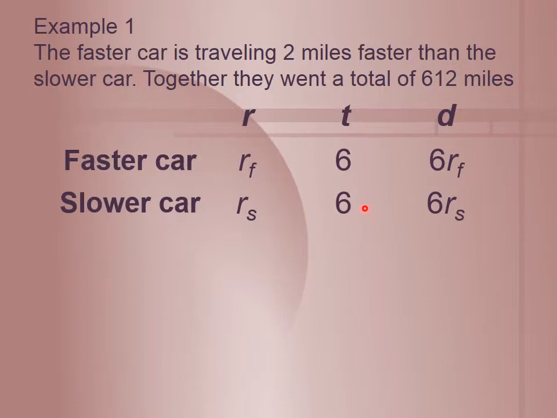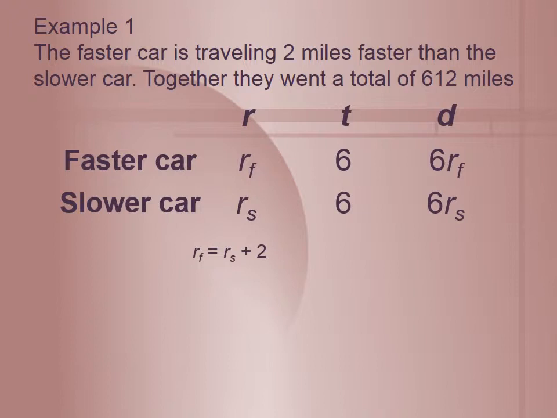That's something that you will be given in the problem, 6 hours, okay? So for the slower car, which has the rate R sub S, times 6, the distance for the slower car would be 6 times R sub S, okay?